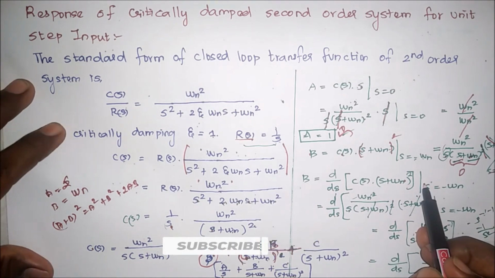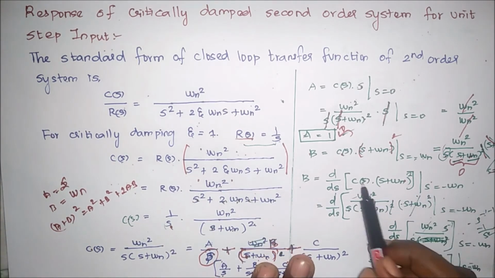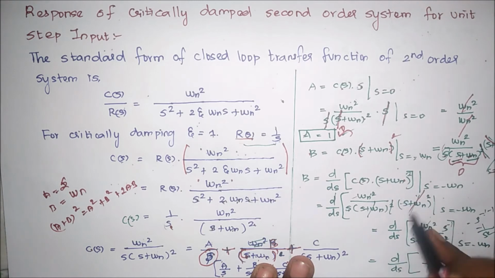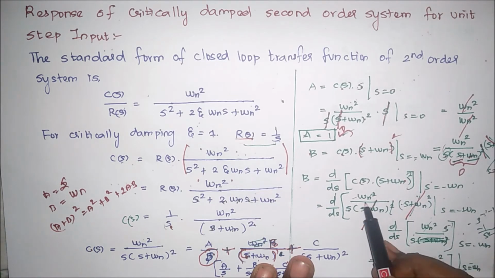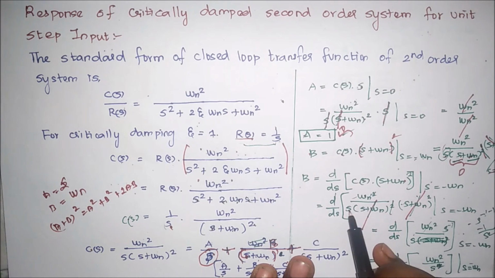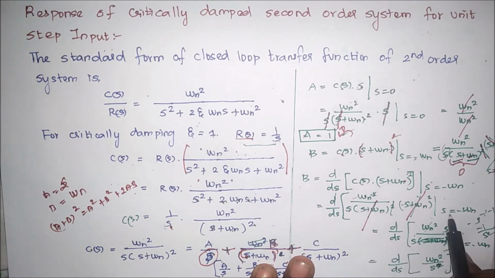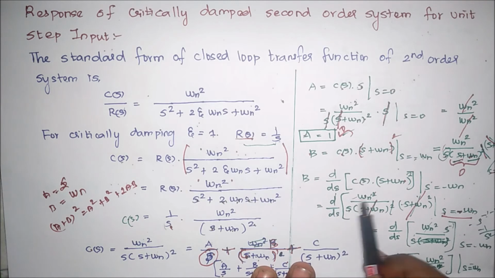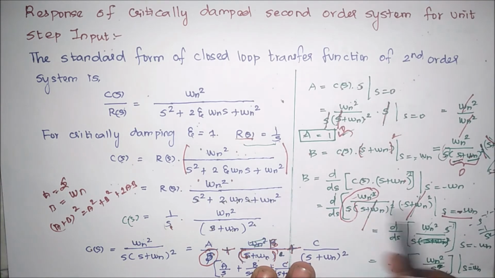Now we substitute the C(S) value, and this square term and this square term get cancelled. Finally we have omega n square divided by S at S equal to minus omega n. But first, before applying S equal to minus omega n, we have to differentiate this omega n square divided by S.